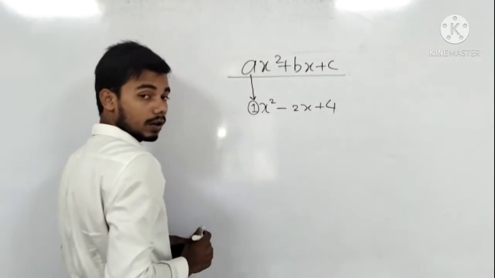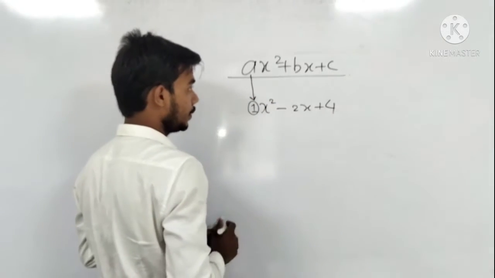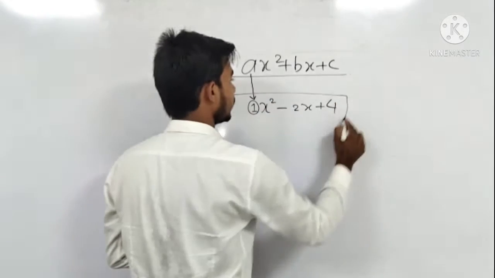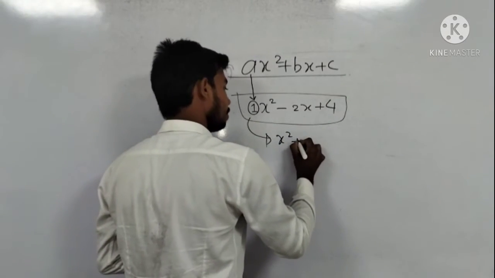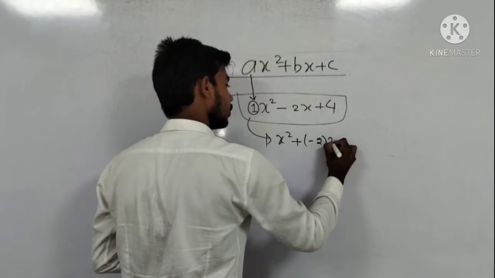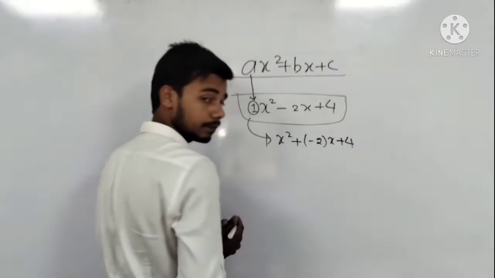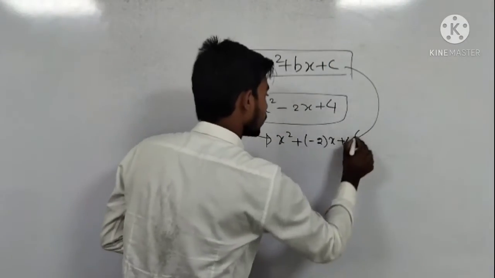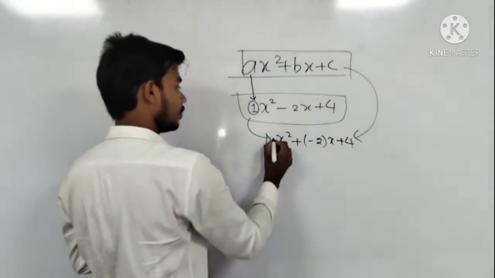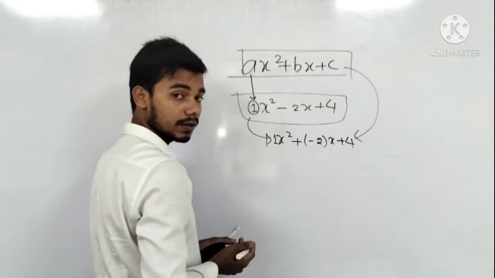This one, what quantity is placed in place of b? Oh sorry, let me write this form in another fashion. x square plus minus 2 into x plus 4, right? Now compare this form to that form.